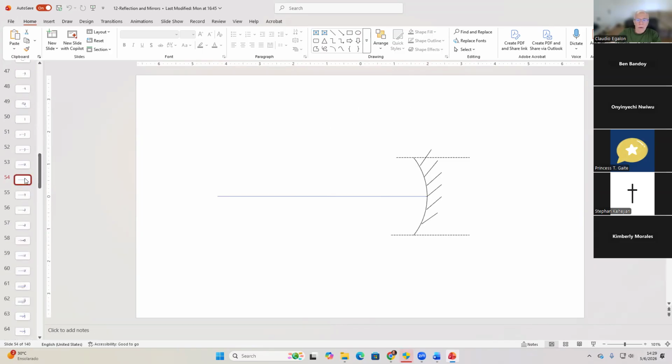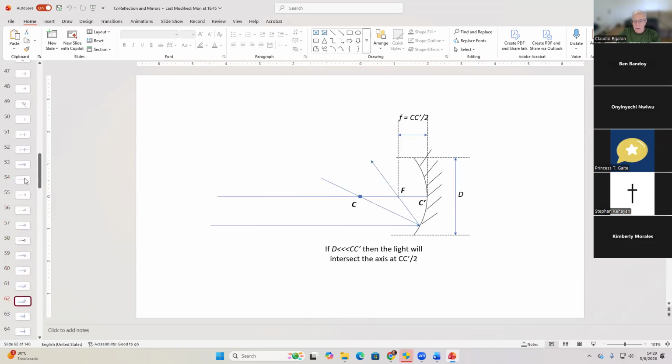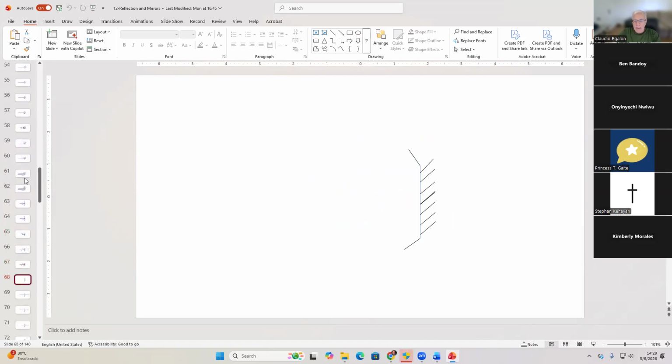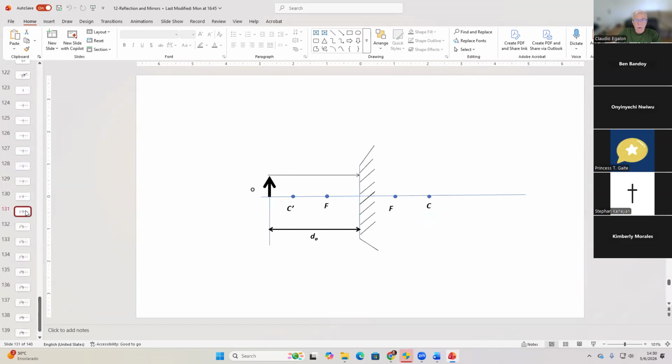Let's see here. Okay, here it is. We saw that. That's the illustration for a concave mirror. Let's take a look at the negative mirror. Yeah, that's the illustration for the negative mirror.